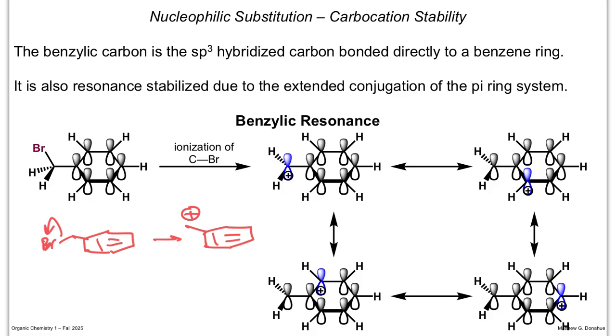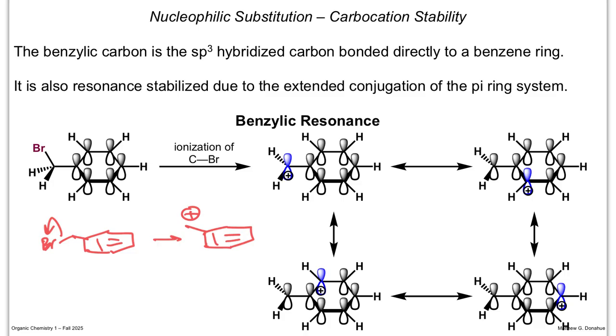So benzylic is now where there's the benzene ring. That plus charge ends up in a p orbital next to the ring, which has those double bonds. And that just shows you that you can move that plus charge around a couple different places. So the more that it's delocalized, the more stable it is.